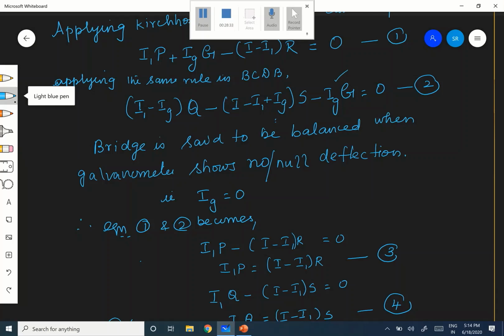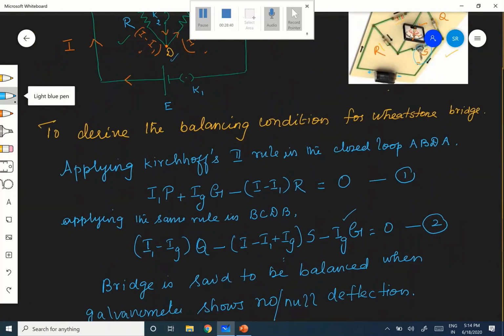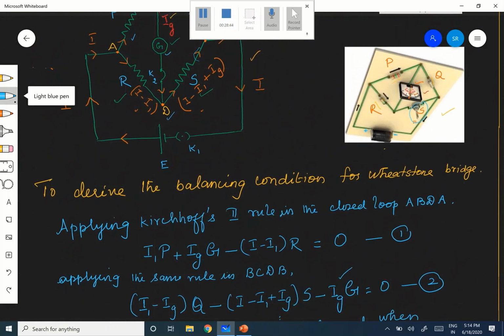Another point is that the Wheatstone bridge remains unaffected by the internal resistance of the cell, because we are considering only P, Q, R, S. Also the internal resistance of the cell and the galvanometer resistance are immaterial, because we are going for Ig equal to 0. Therefore whatever the galvanometer resistance G is, it is immaterial.